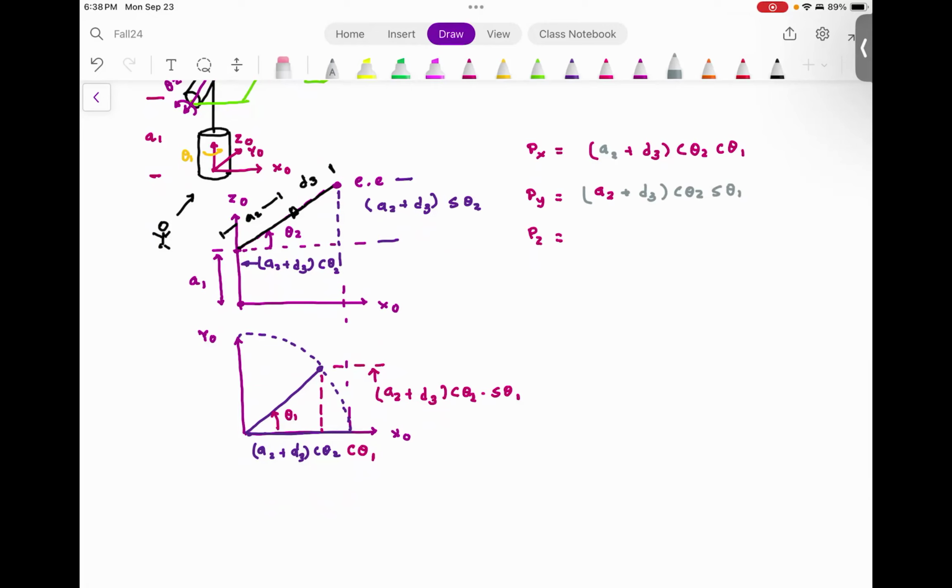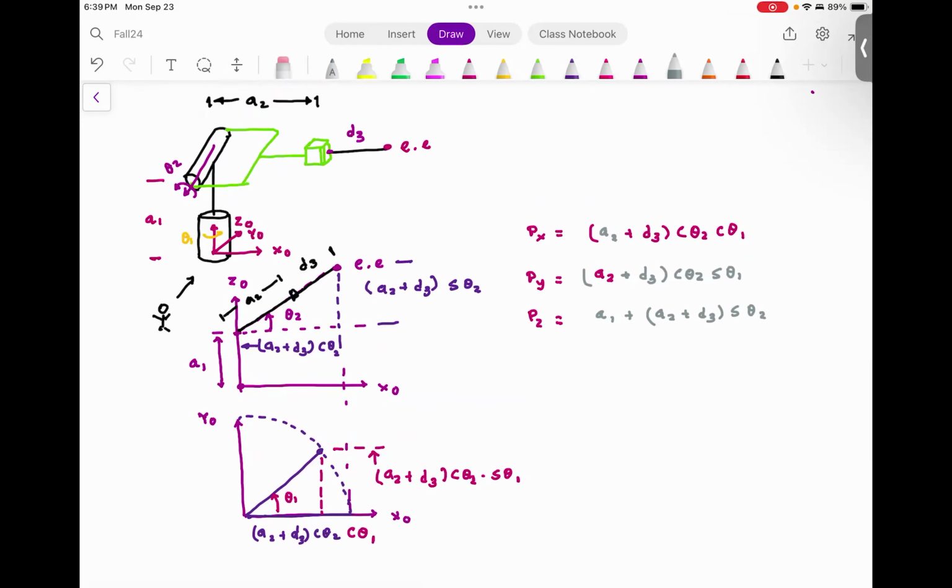And last but not least, in z direction, it would be A1. A1 is fixed, right? Plus A2 plus D3 sine theta 2. Are you with me so far?